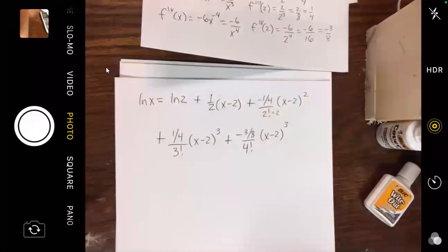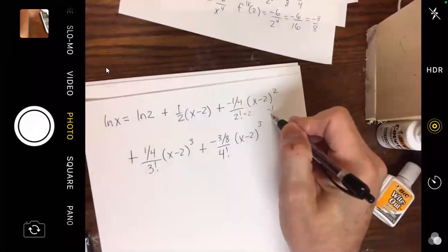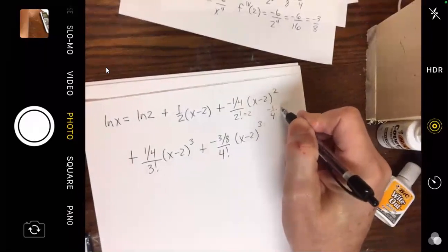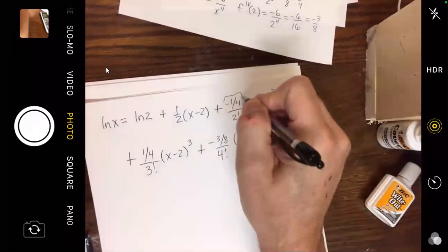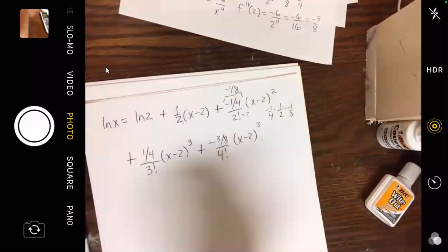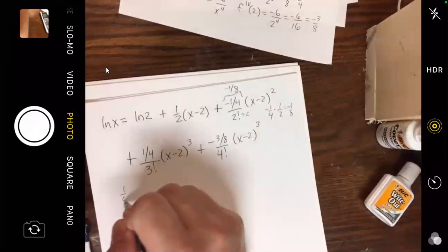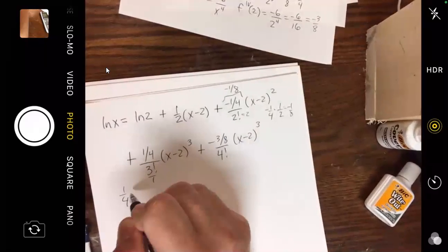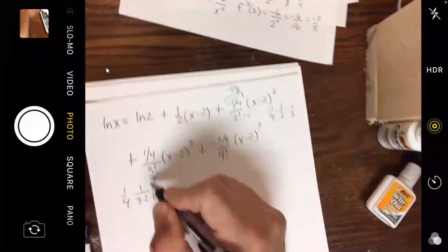Let's see if I can show you that. Yeah, if you can see, you're getting a negative 1/4 times 1 over 2, which is your negative 1/8. So this works out negative 1/8. That's right. Now this one will work out 1/4, over 1 times 1 over 3 times 2 times 1 over 3 factorial.